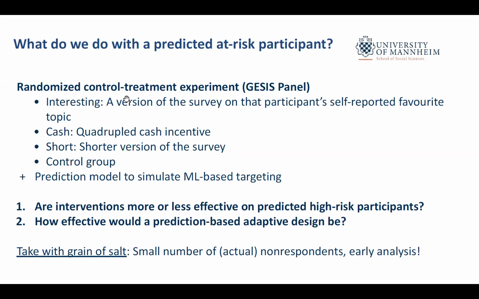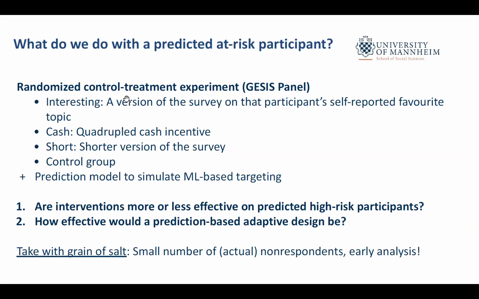For now, the experiment was done in a way where we randomly allocated different treatments, but later on we will try to bring together those different treatments and interventions with our predictions, and we'll do this step by step.